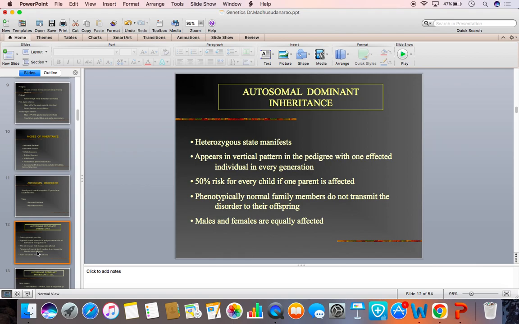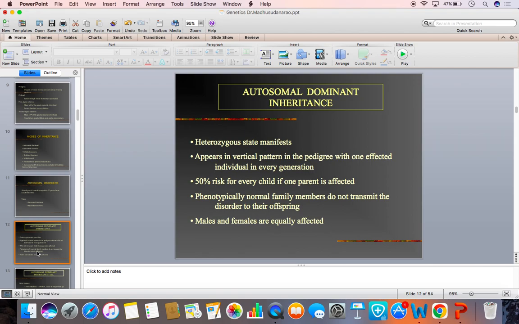Number one, heterozygous state manifests. Now, what do you mean by that? That means one gene is normal, another gene is abnormal. This particular situation is called heterozygous state.